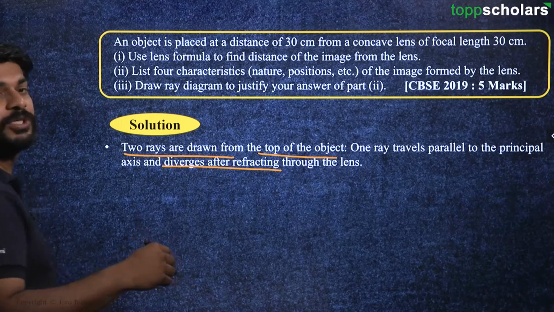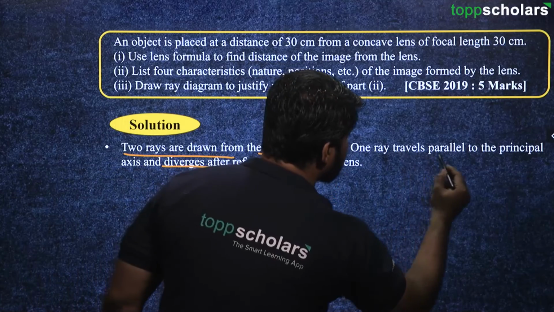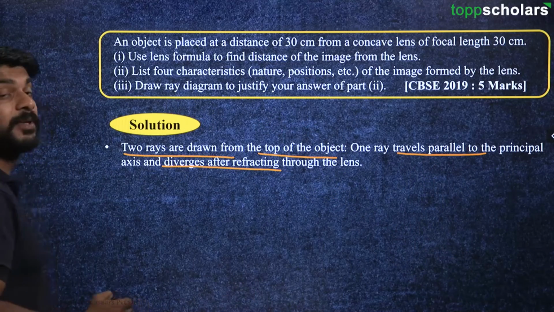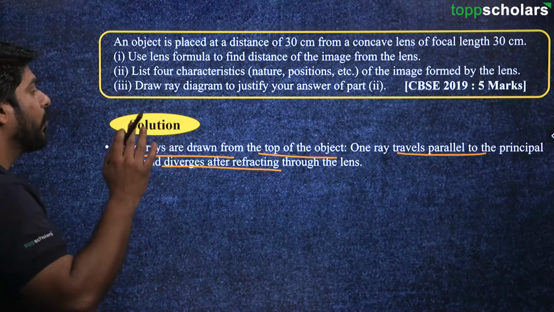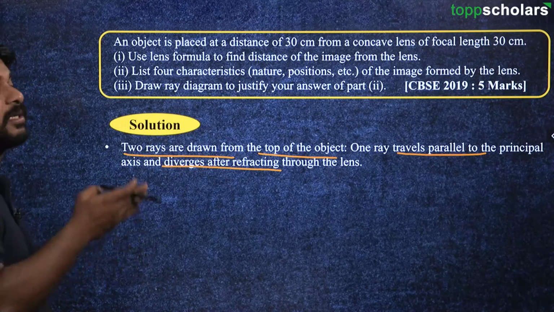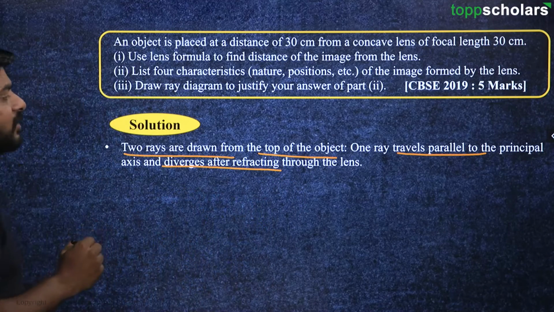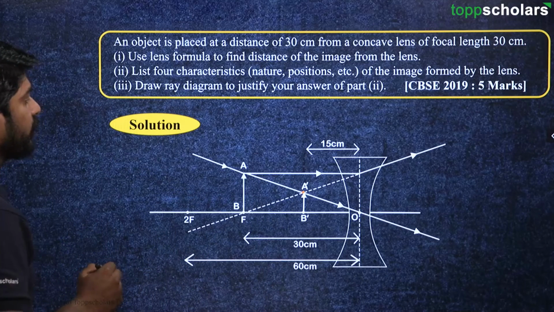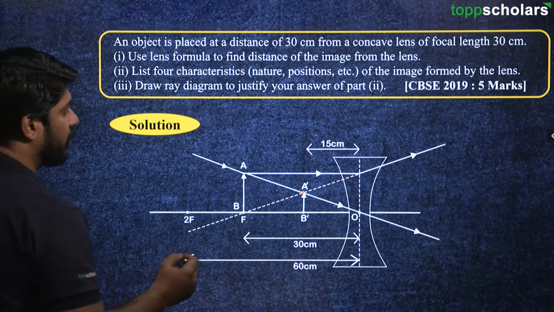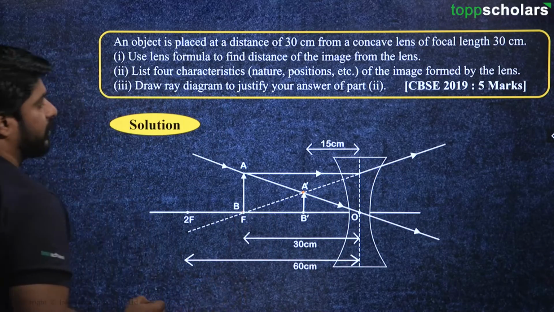Since the ray is parallel to the principal axis, the diverging ray will diverge in such a way that if it is traced backwards, it will meet at f, as we had seen previously in this diagram.